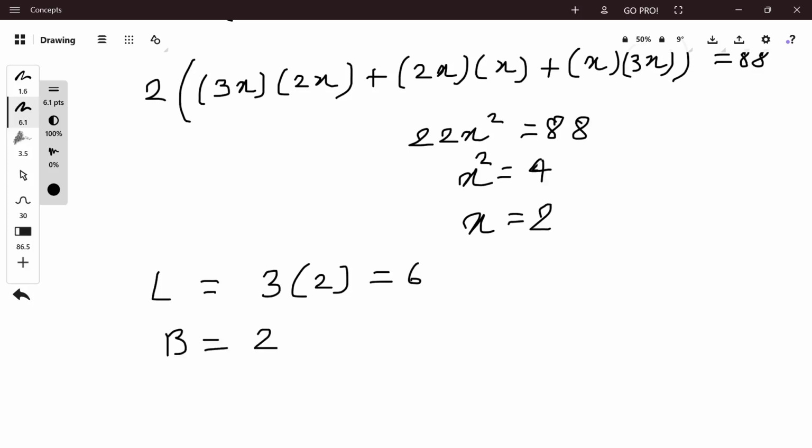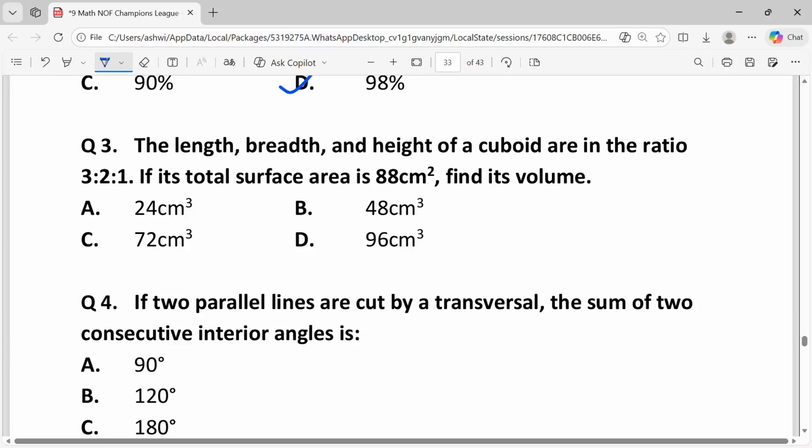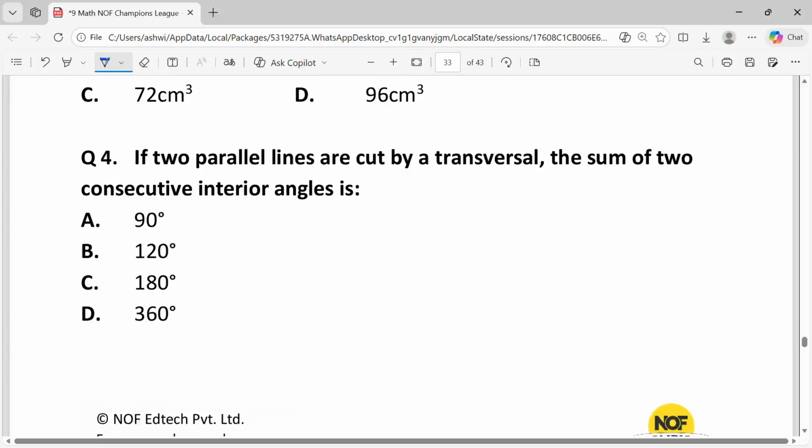B as 2x, that is 2 into 2, that is 4. And H as x, that is 2. So volume is equal to length into breadth into height, which is 6 into 4 into 2, that is 48 centimeter cube. From the given options, answer is B, 48 centimeter cube.